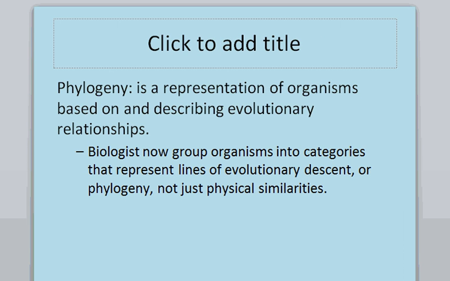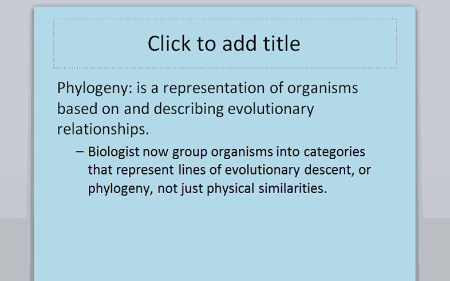Moving on, so what we do is we use phylogeny, and phylogeny is a representation of organisms based on describing evolutionary relationships, okay? So what we are doing is we are taking Linnaeus's hierarchy and just adding the element of time to it, okay? So evolutionary is just the change of these relationships over a period of time, okay?